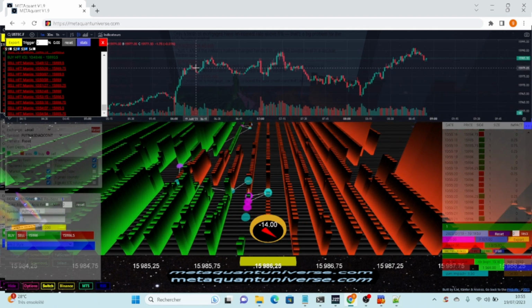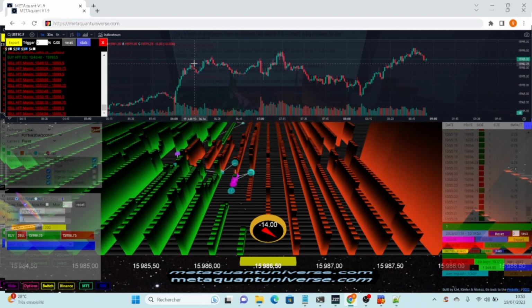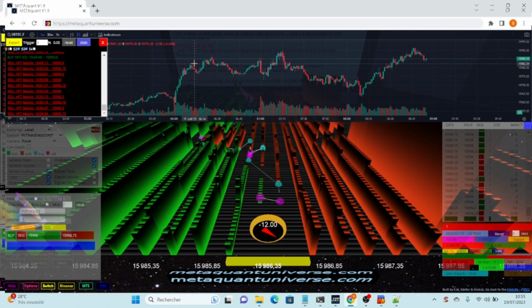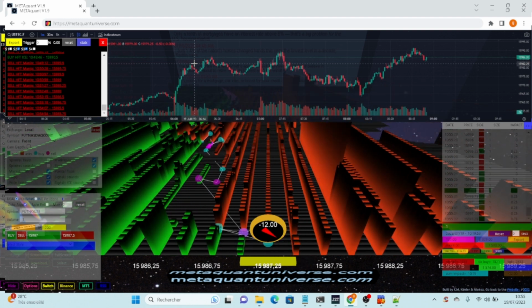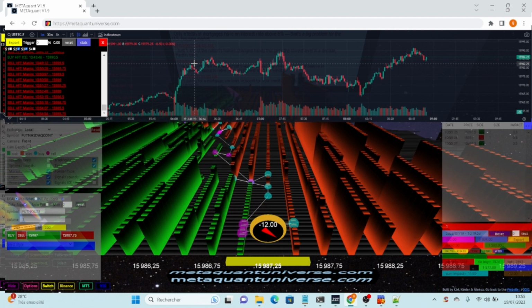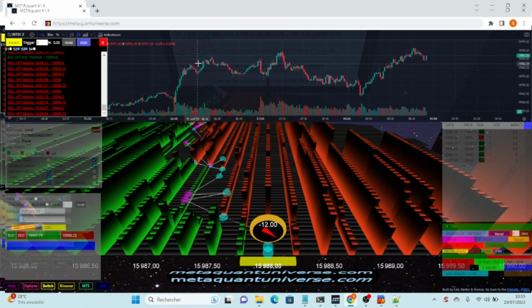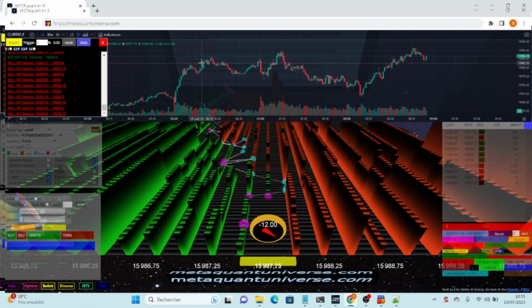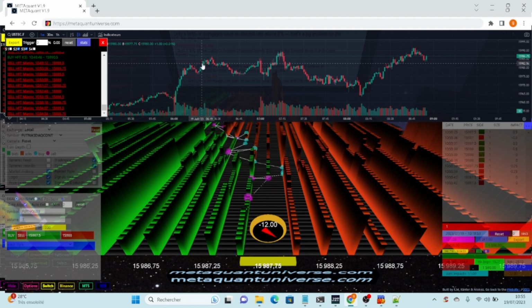That's why there is a lot of interest for the market maker to try to push the price just above this stop loss area.